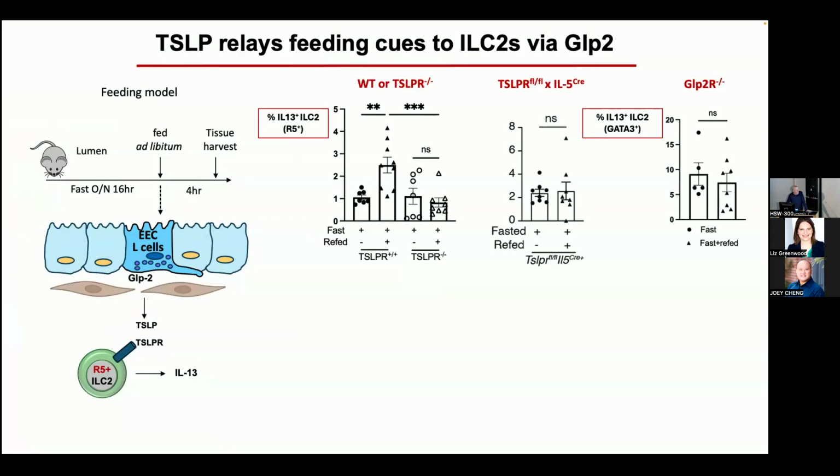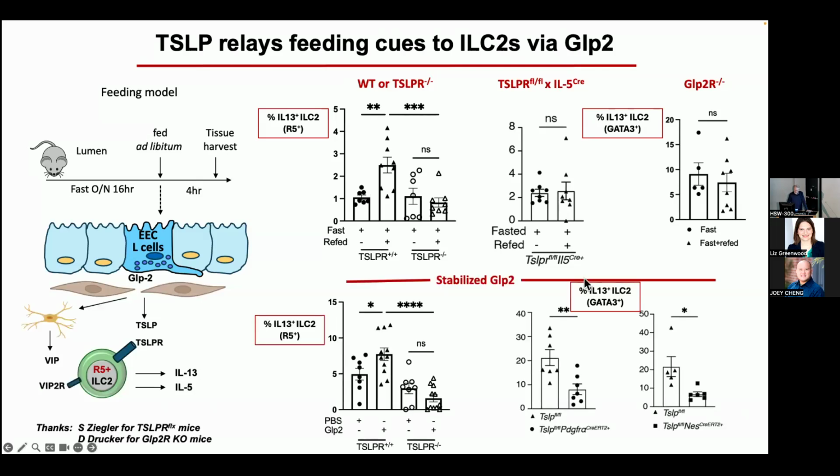And in fact, if she did this feeding routine under the same kind of system, this activation of ILC2s was absent in TSLP receptor mice, or mice that have the receptor cleaved from innate lymphoid cells, or mice that were deficient in GLP-2 from the Drucker lab. And if we use the GLP-2 drug that's used in humans, it's conserved. If we did the GLP-2 drug, you didn't see this increase in the numbers of activated cells.